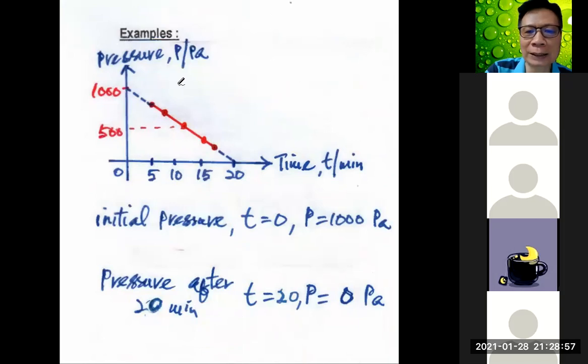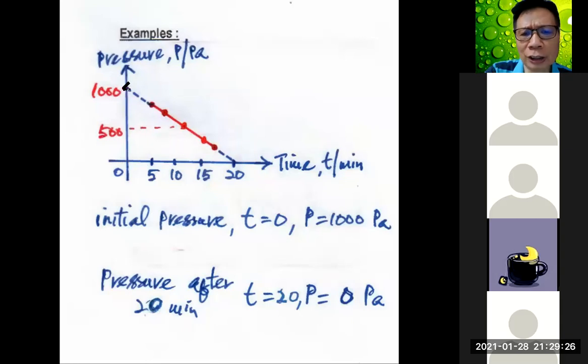This is 500 Pascal, Pa is the unit for pressure, and 1,000. Now you have two questions to answer. First, find the initial pressure. Initial means the starting pressure, so the time must be 0. Time 20, 15, 10, 5, 0 is here.